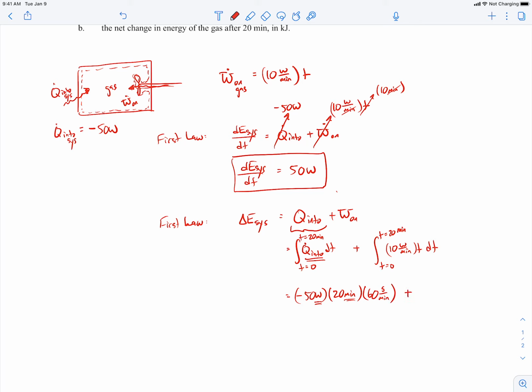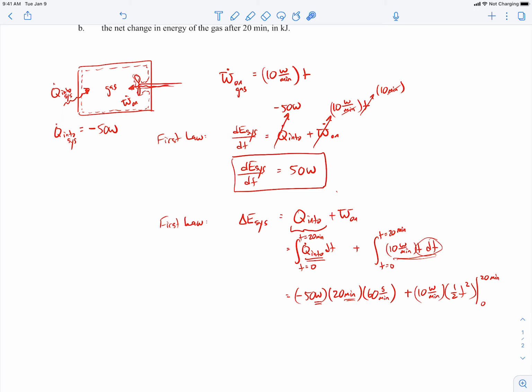And then the rate of work term we can integrate that one as well. So the 10 watts per minute will come outside the front because it's just a constant, and then we're left with the integral of t dt. So that'll just be 1/2 t squared, and we're going to integrate that from 0 to 20 minutes.